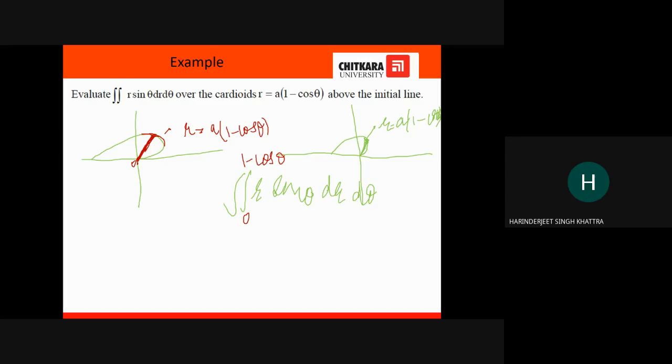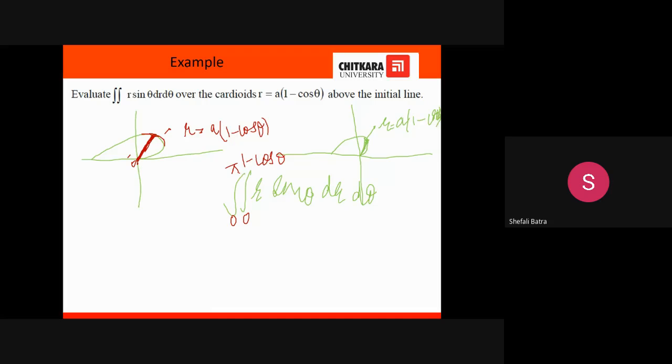Yes, ma'am. Now tell me the limit of theta. We need to slide this strip from here to here to cover the region of integration. So what will be the limit of theta? 0 to pi. Yes, the limit is 0 to pi. Simple.